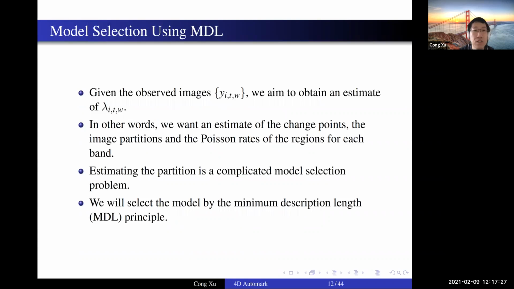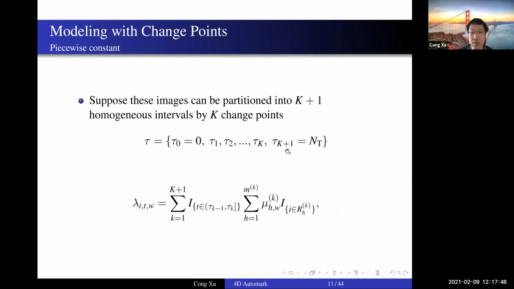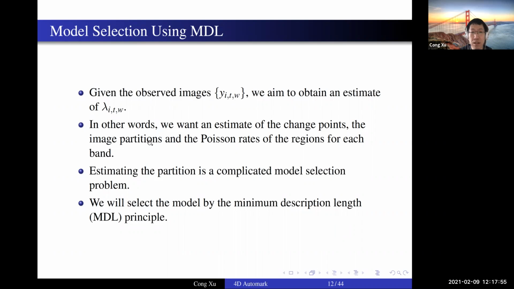Right now, the goal is that, given the observed image y, we want to estimate the unknown Poisson parameters lambda, and we assume some structure with respect to lambda. This means we want to estimate the location of the change points, these taus, and also the partition of the regions, and the corresponding Poisson rates for all of these regions.